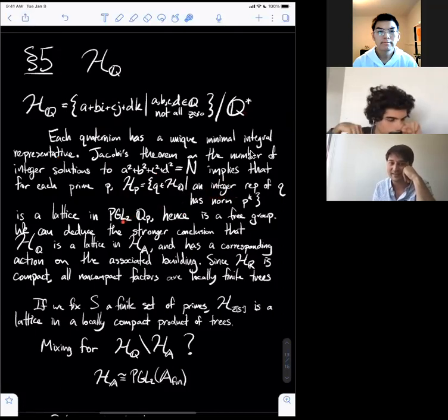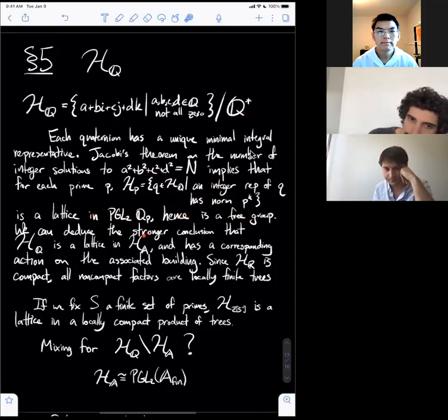This forms a lattice in PGL2(Qp), and so it's a finitely generated lattice in a tree, and so it's a finitely generated free group. And we can tell the rank: it's going to be (p plus 1) over 2. That's if it's transitive on the vertices, which it is.